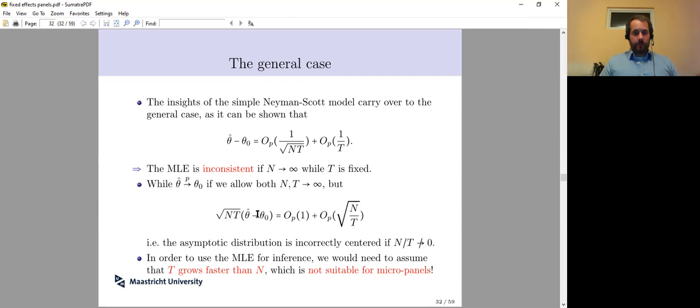If you look at the asymptotic distribution, this is again the correctly centered normal distribution. This is good. However, here we have a term that does not disappear unless t grows faster than n. So in order to make this vanish, we have to assume that t grows faster than n. And of course, this is absolutely insane to assume in microeconomic panel data sets, where we have, for instance, 10,000 firms observed over 5 years. So what you see in simulations is that the maximum likelihood estimator has a huge bias in short panel data sets. So it's pretty useless.